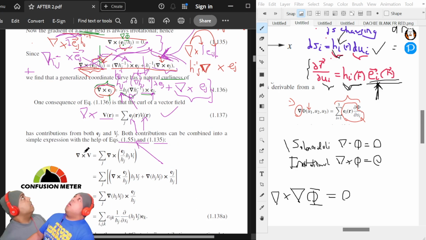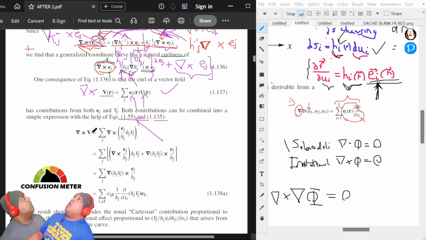Okay. Curl of V equal the summation. Yeah, they just turned this into like what? VI? VI? What's I doing here?